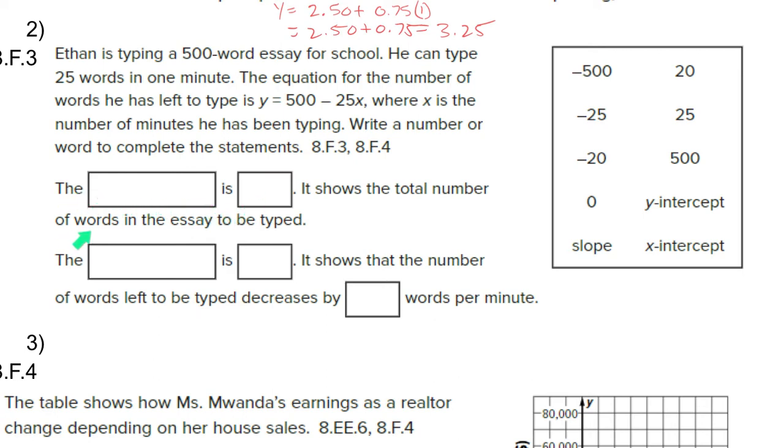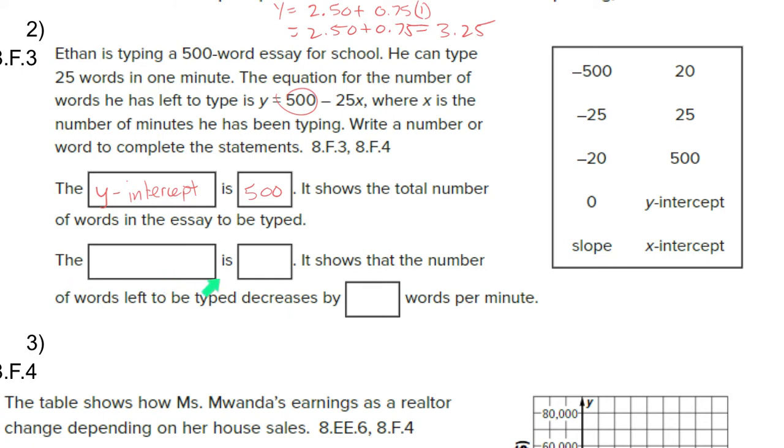It shows the total number of words in the essay to be typed. So that would be the y-intercept. Y is 500. It's a 500-word essay.